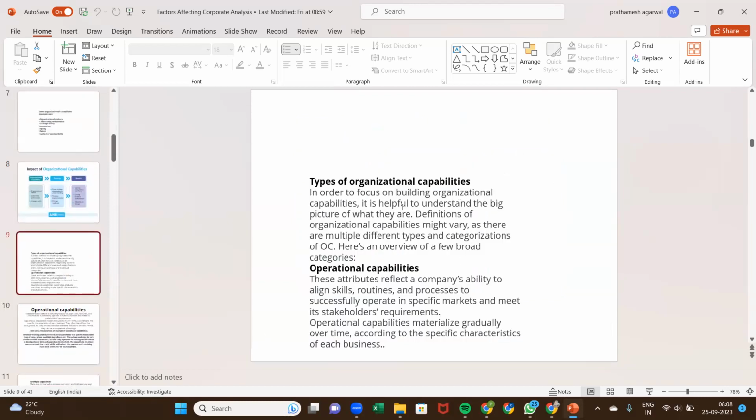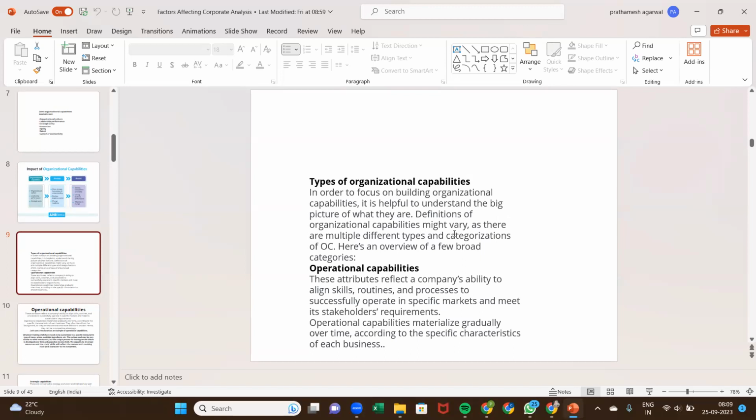Then let's see types of organizational capabilities. In order to focus on building organizational capabilities, it is helpful to understand the big picture of what they are. The definition of organizational capabilities might vary, right? It depends from people to people.